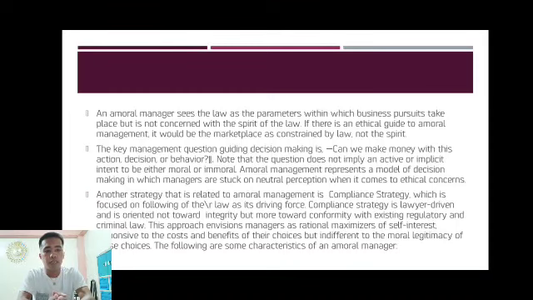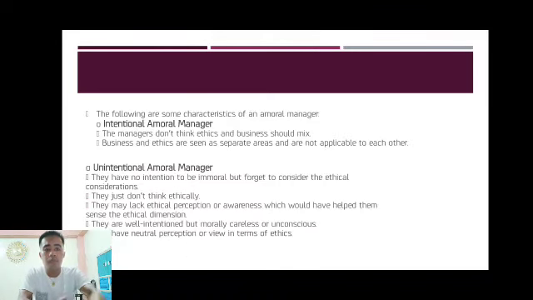The following are some characteristics of an amoral manager. Intentional amoral managers don't think ethics and business should mix. Business and ethics are seen as separate areas and are not applicable to each other, while unintentional amoral managers have no intention to be immoral but forget to consider the ethical considerations.